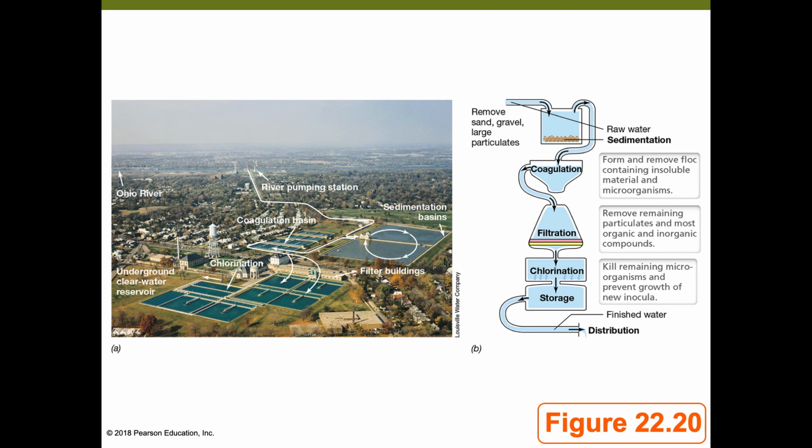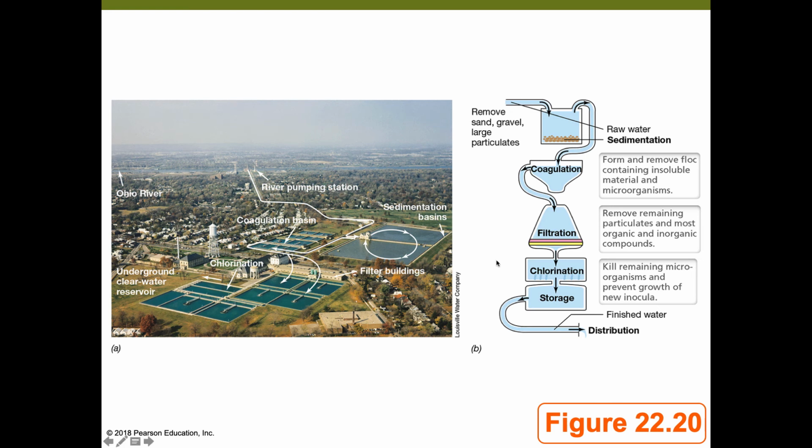Okay? So in these facilities, what you have happen is, again, you want to remove any sort of insoluble material. You want to remove microorganisms. You filter to remove any other particulate matter. You remove most of the organic and inorganic compounds.